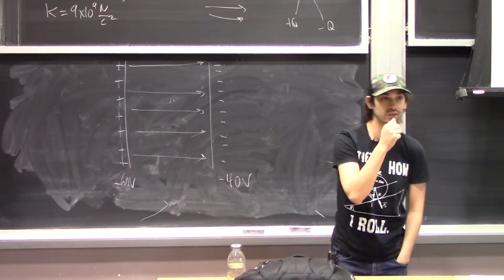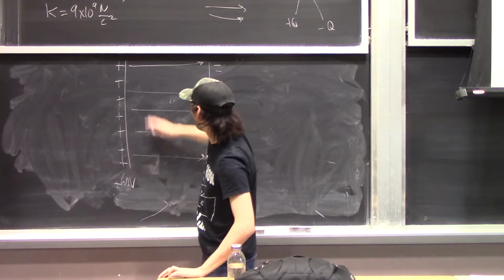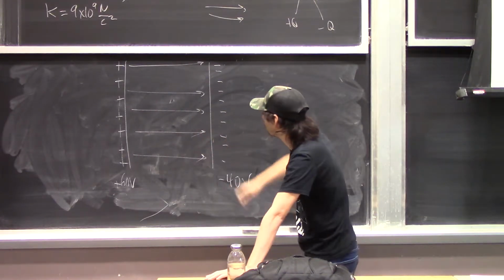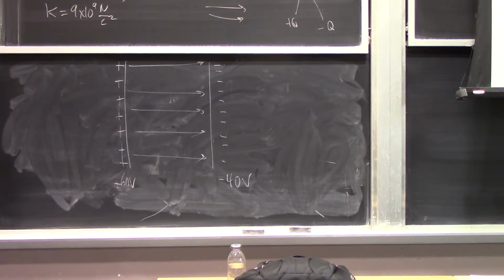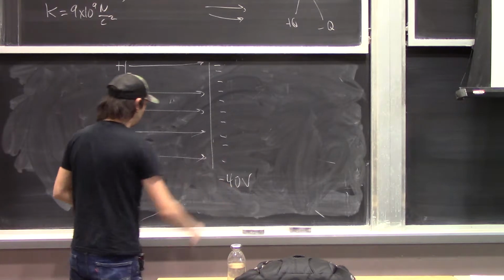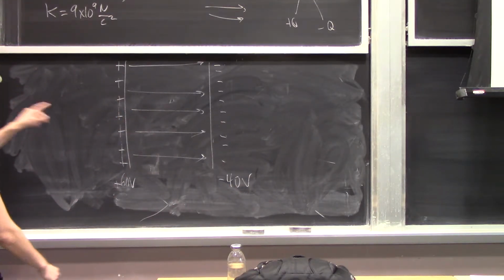They're perpendicular to each other. So the electric potential contours have to be perpendicular to the electric field lines. Because of the spacing, with plus 60 volts and minus 40 volts, there's a particular number we could put in here. I think it was 4.